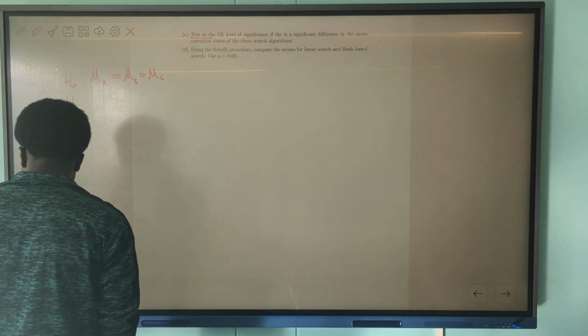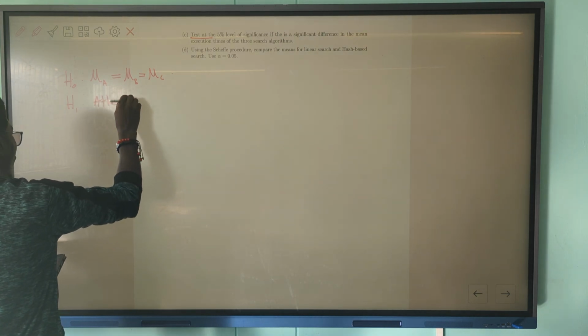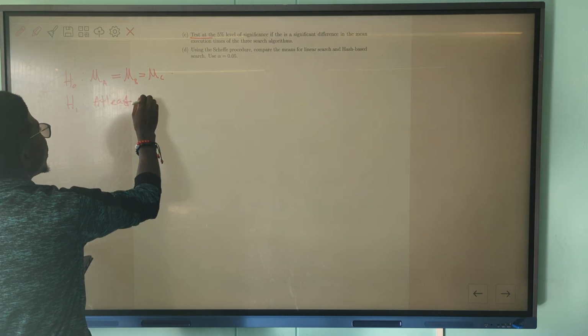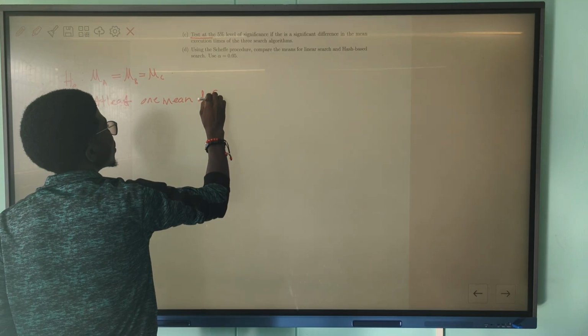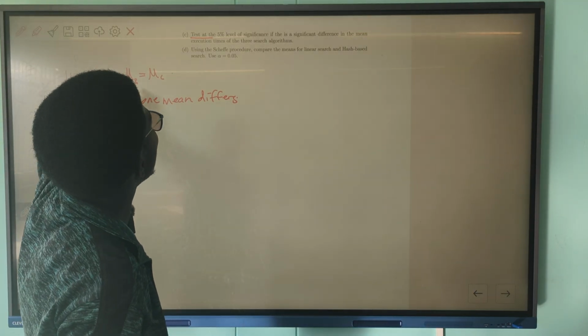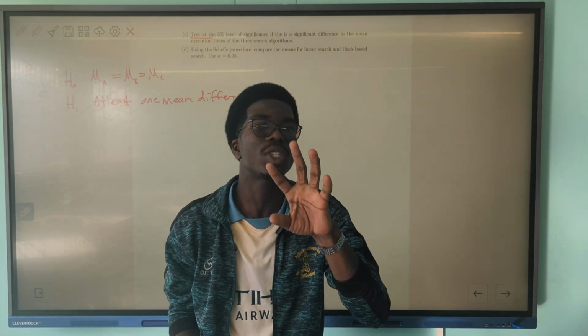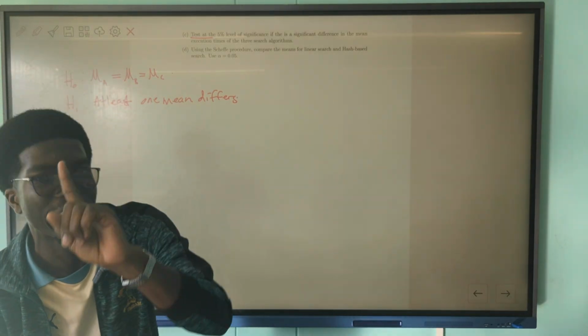So the alternative hypothesis here is at least one mean differs. At least one mean of the three iri kusiyana neimwe, because toda kutesta kuona kuti is there a significant difference.